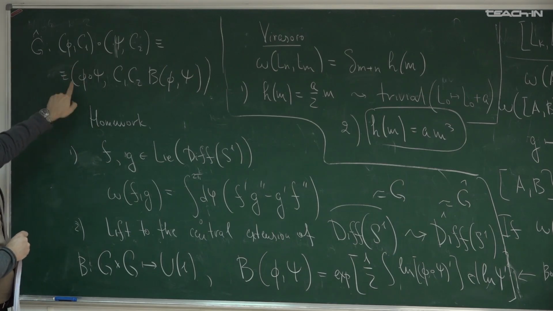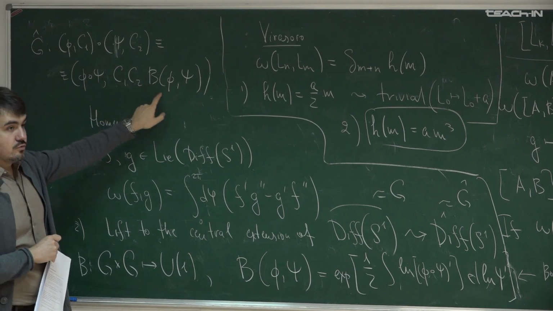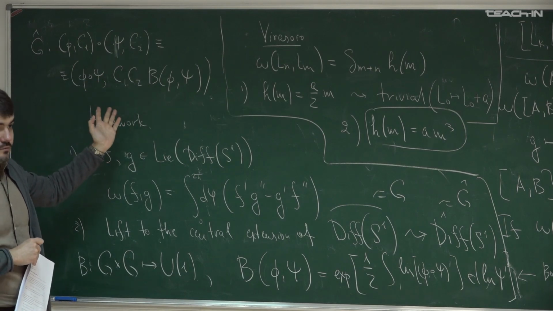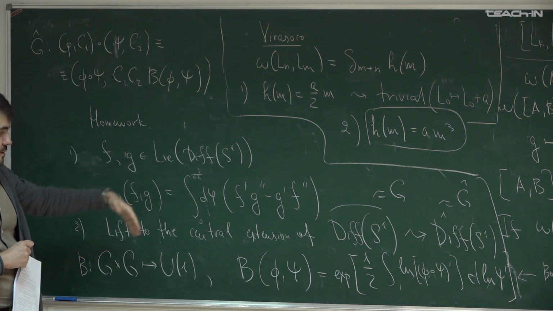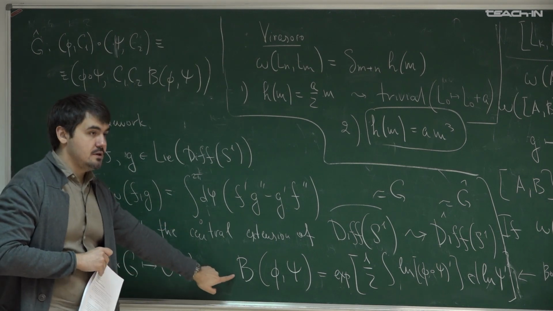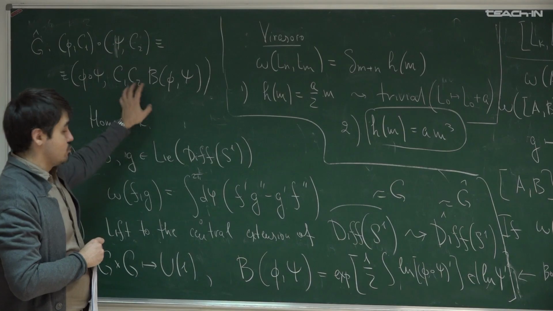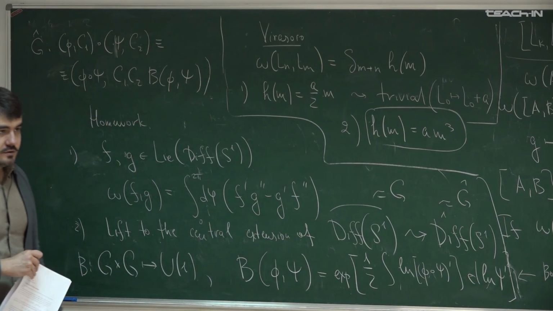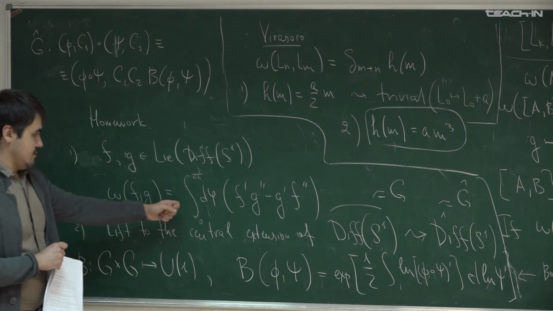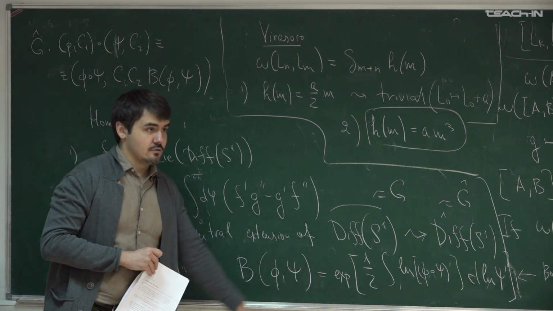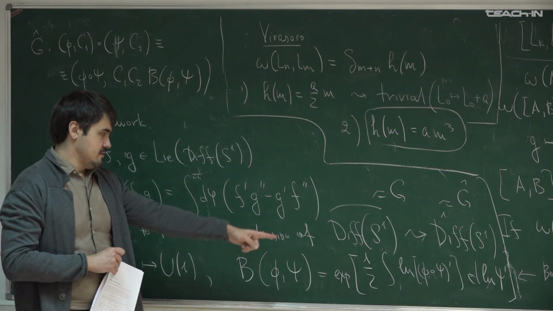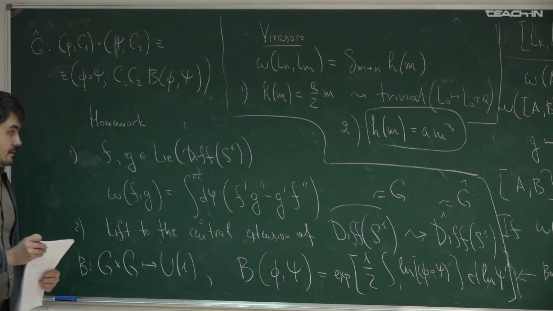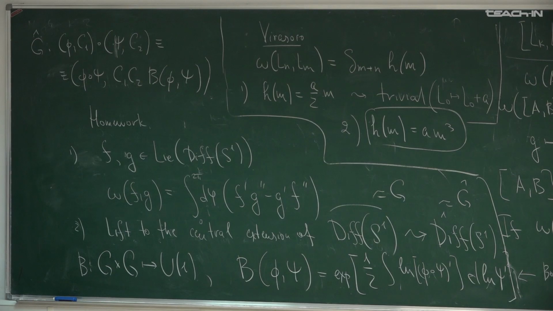With this kind of multiplication, you can show associativity. There is some property that B has to satisfy for this to be associative, and then you can prove that this satisfies this property. And this is the infinitesimal version of that, right? If psi is close to the identity, you get this thing. Okay, and that's it for today.